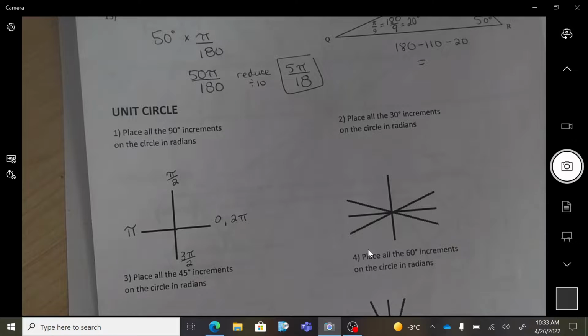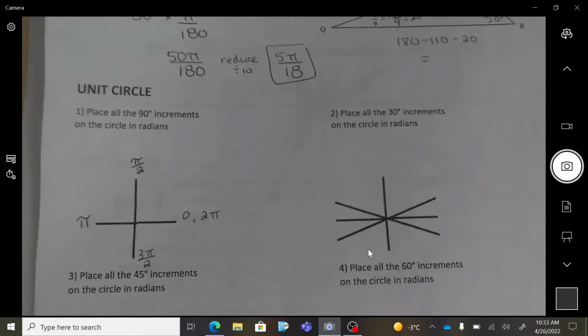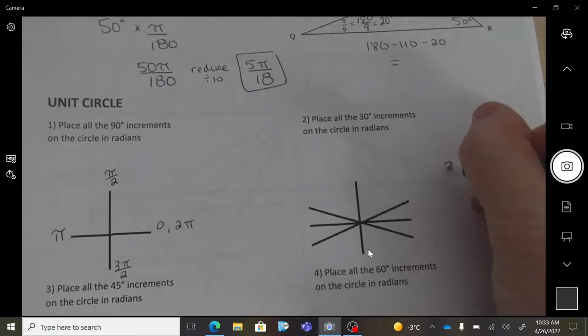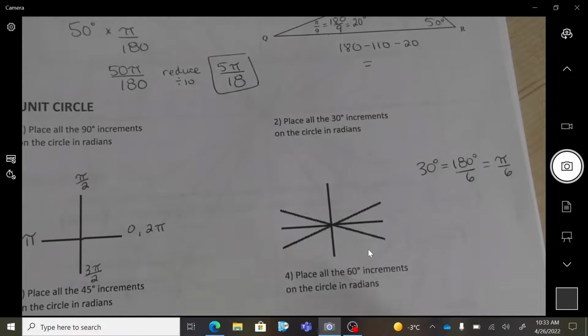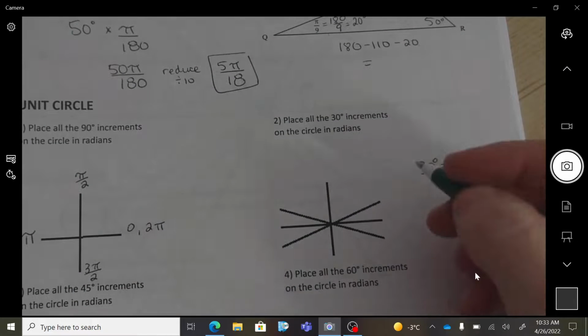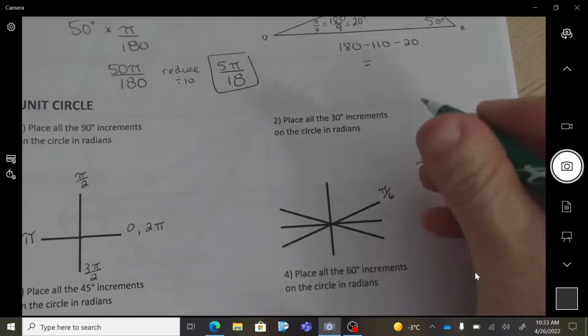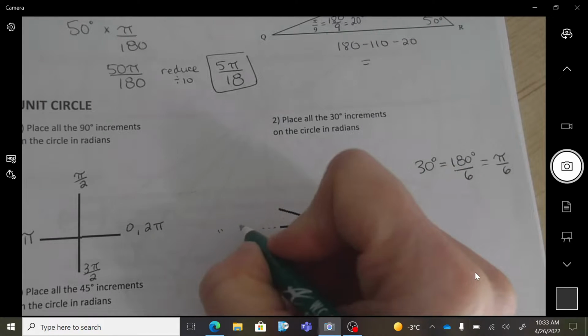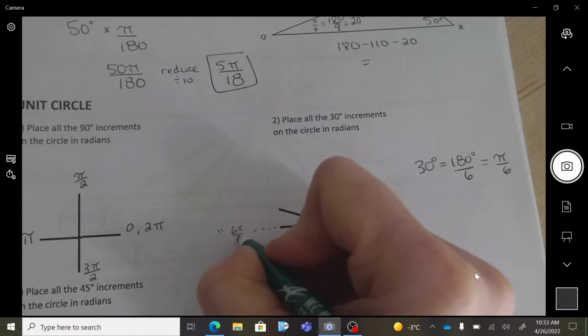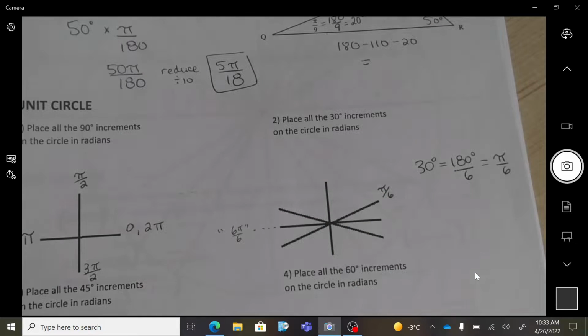The 30-degree increments, okay, so 30 degrees is 180 divided by 6. In radian language, that would be pi over 6. So this is pi over 6. This line we're going to think about as 6 pi over 6, just in your head.